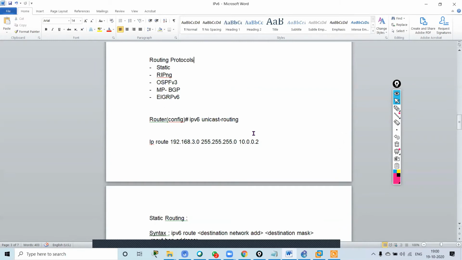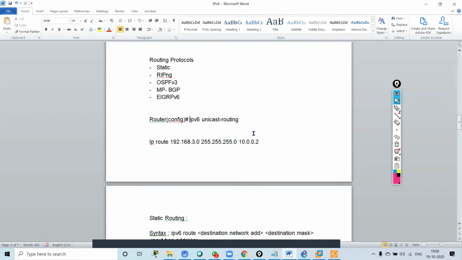So IPv6 routing has to be enabled. You have to give this command, ipv6 unicast-routing. Some of the IOS devices, some of the routers, have IPv6 unicast routing enabled by default.